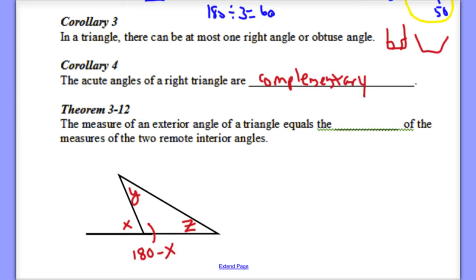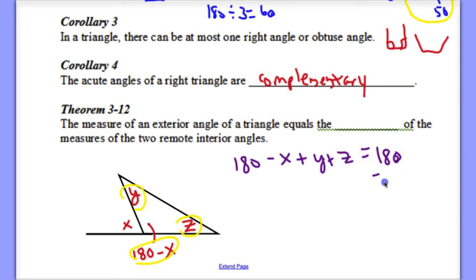Let's think about what we just learned about the sum of the angles of a triangle. We learned that the sum of the angles of a triangle is 180 degrees. So I'm going to add these three angles together and set it equal to 180 degrees. So we have 180 minus X plus Y plus Z equals 180.